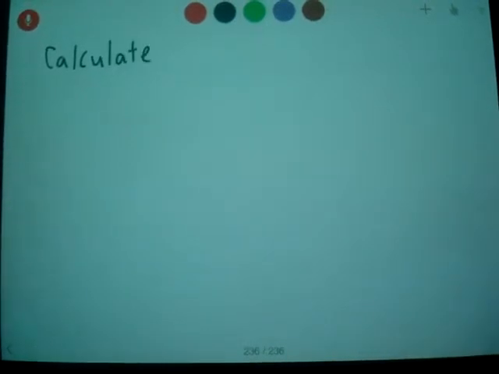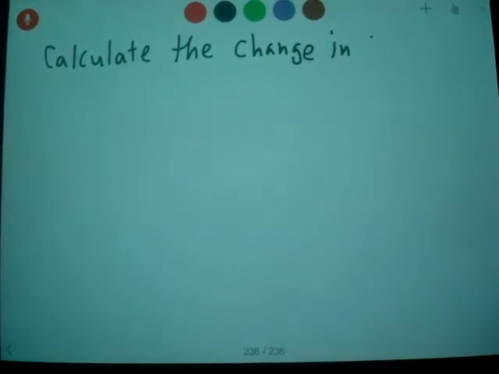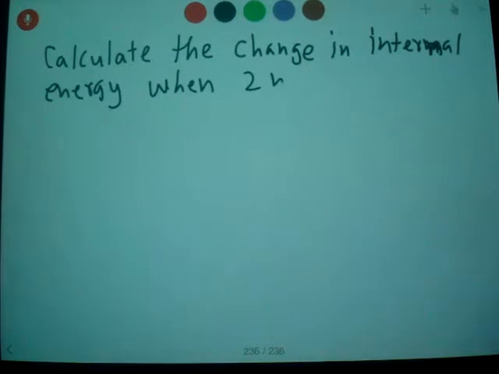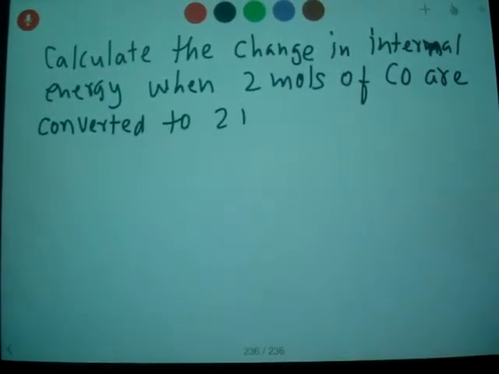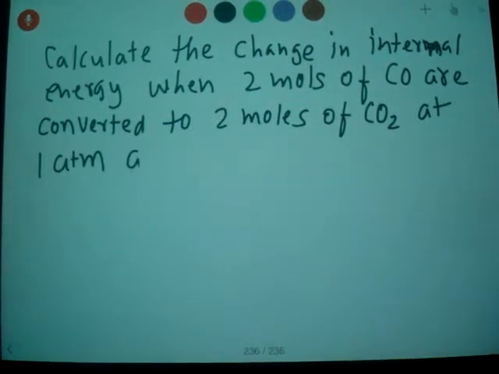Calculate the change in internal energy when 2 moles of CO are converted to 2 moles of CO2 at 1 atmosphere and 25 degrees Celsius.